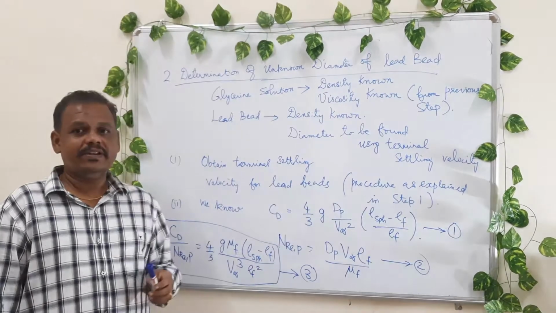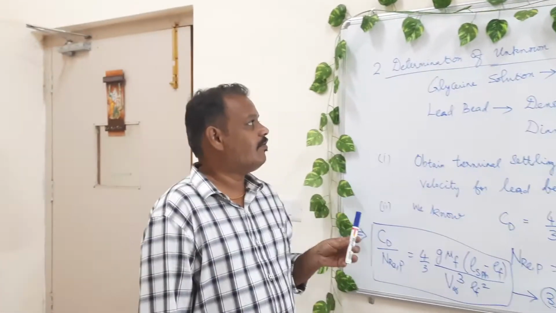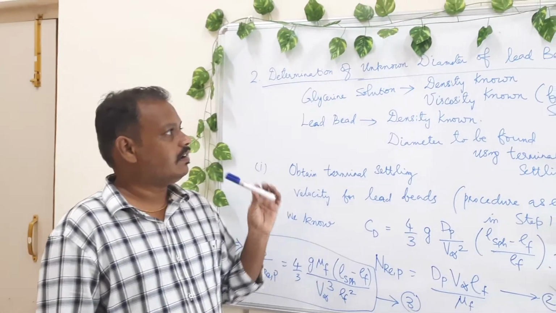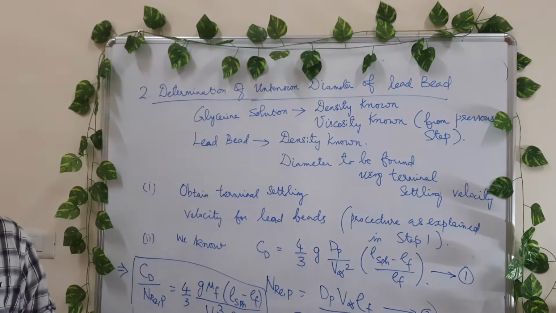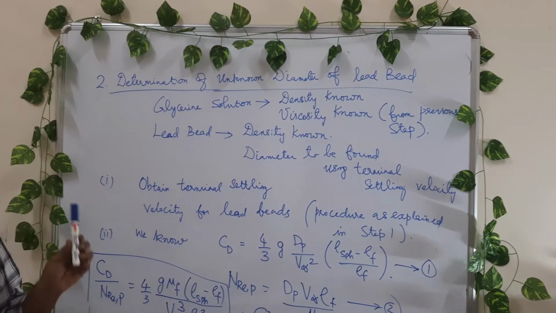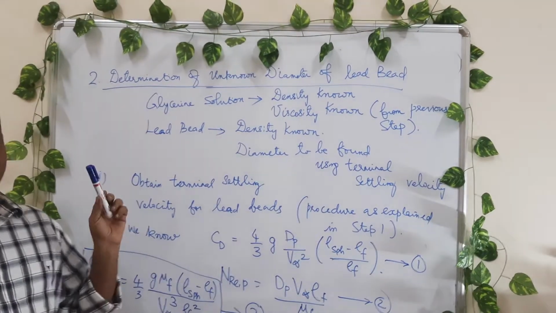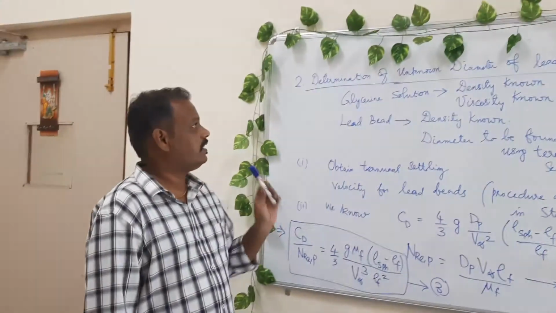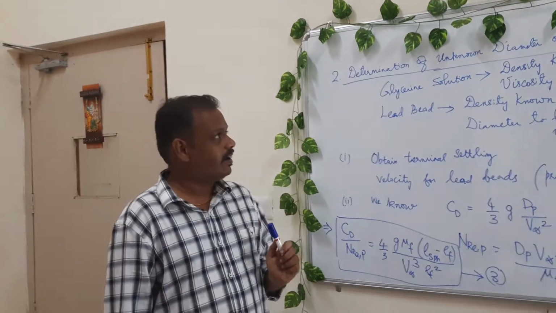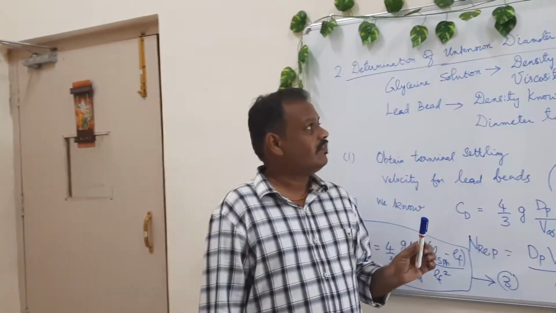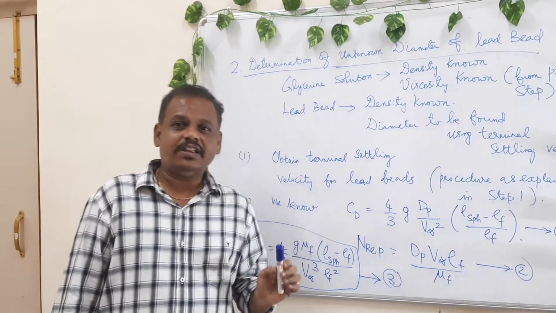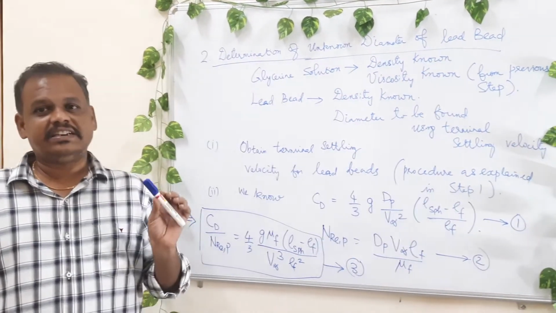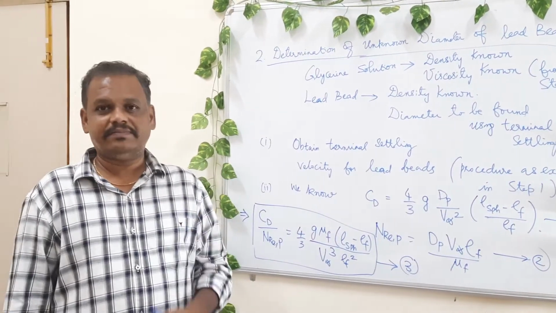So from the previous procedure, we have obtained the density of the glycerin solution using the terminal settling velocity of glass beads. Now the second aim is to determine the unknown diameter of the lead bead using the same terminal settling velocity of the lead bead.